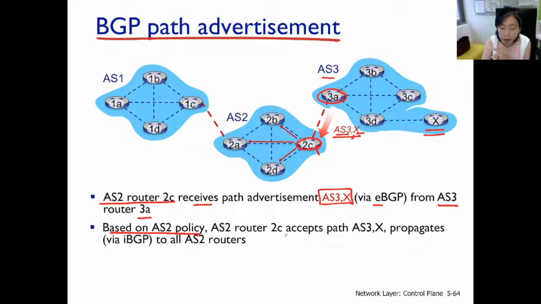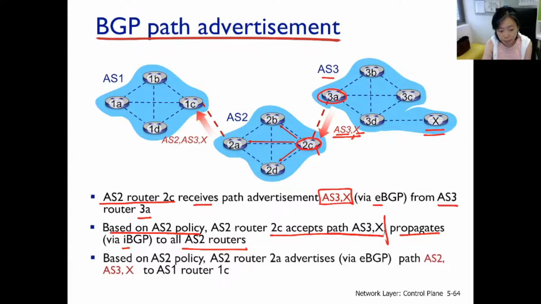If the policy says it's okay to accept the path, then 2C propagates the path to all routers internal to AS2. Sending of these AS paths internally is through the interior BGP connections. So the import policy actually happens before the propagation of the paths to all the routers internally.